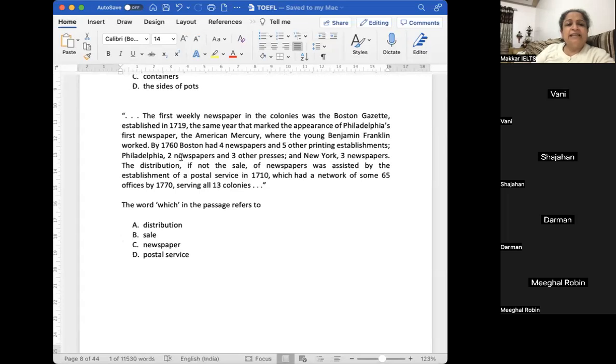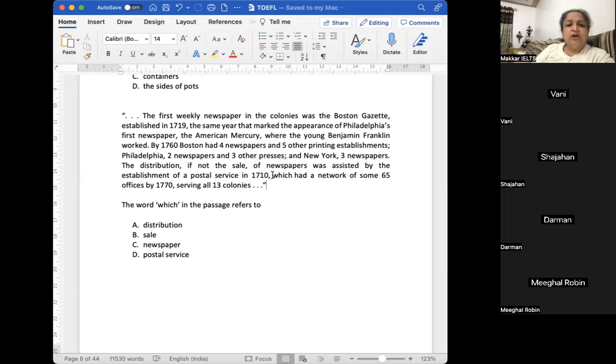By 1760, Boston had 4 newspapers and 5 other printing establishments, Philadelphia, 2 newspapers and 3 other presses, and New York, 3 newspapers. The distribution, if not sale of newspapers, was assisted by the establishment of a postal service in 1710, which had a network of some 65 offices by 1770, serving all 13 colonies.